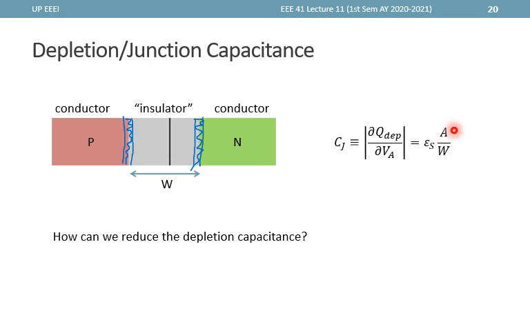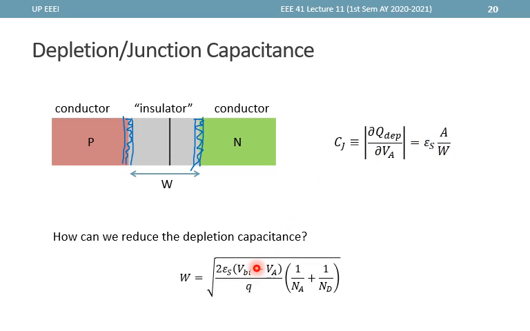But if we don't want to decrease the cross-sectional area, the only way to go is to increase W. Now, to increase W, what we can do is to reverse bias the device. So actually reverse biasing the diode widens the depletion region, and that decreases Cj.